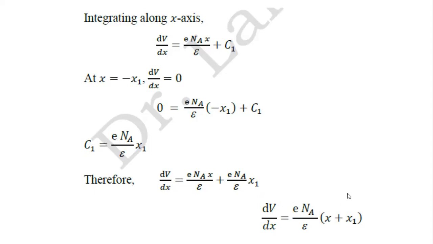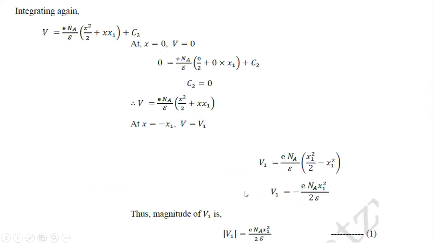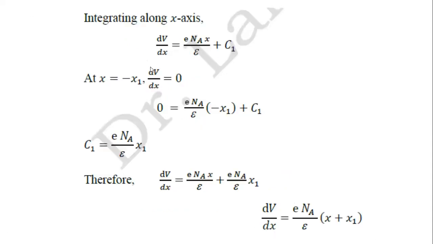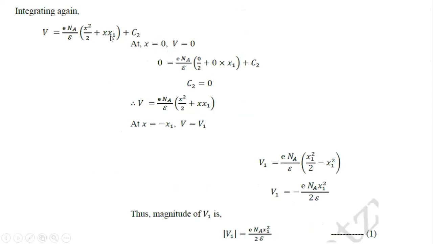Integrating dV/dx gives V only, and integrating x with respect to x gives x squared upon 2. Integrate x1, which is constant with respect to x, gives x1 into x. So you get x squared upon 2, x1 into x, and a certain integration constant C2.